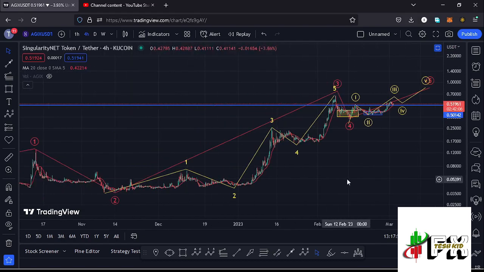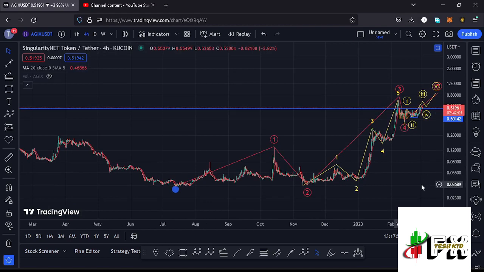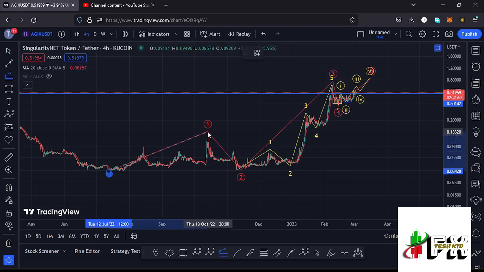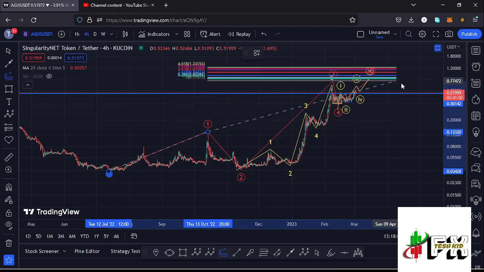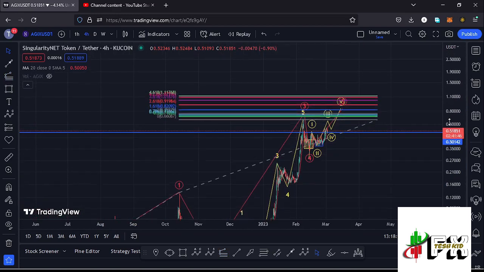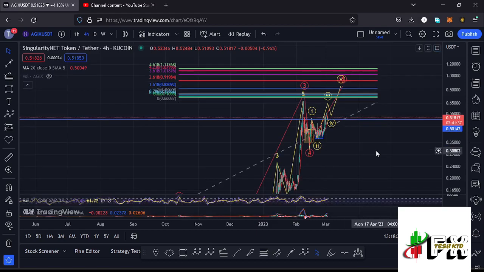And now I'm expecting that massive bounce to the upside in the formation of that wave 5, and sketching out a target area to the upper side in the formation of that wave 5 by connecting the trend based Fibonacci from the low of the first wave to the high of that wave 1, then dragging the fibs to the high of that wave 3. That gave me a minimum target area to the upside in the formation of that wave 5 at the fib level 1.618, and that is at around the $0.82092 mark, and that is the minimum that I'm expecting Agix to do here on the long-term scenarios.